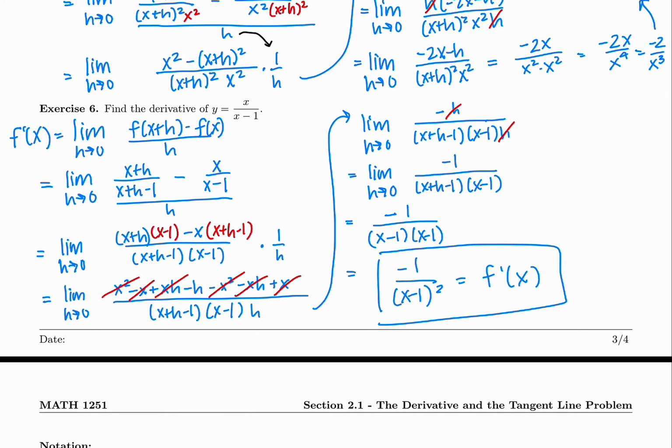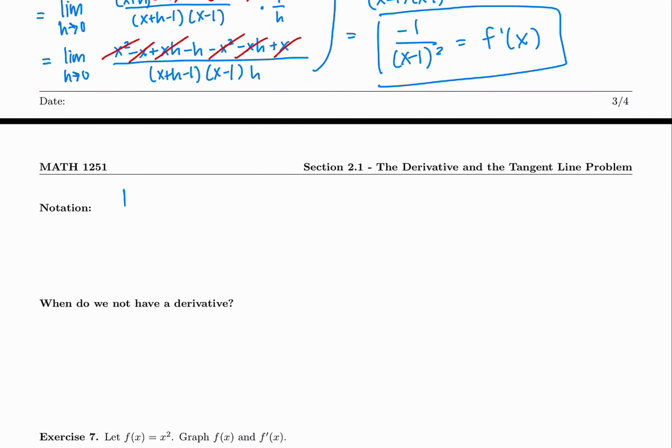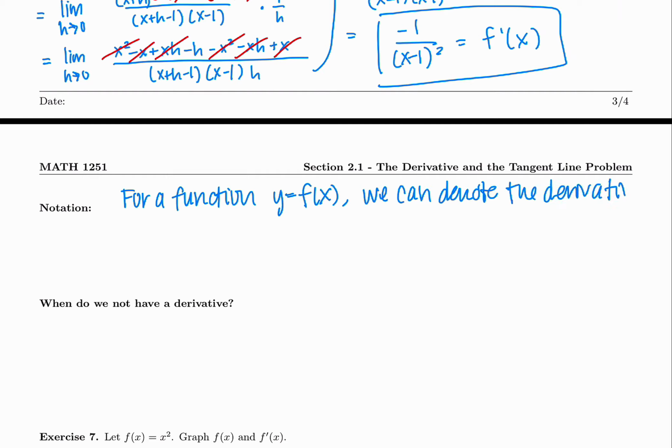So there's a bunch of examples of finding the derivative using the definition of a derivative. Let's talk about just a couple other things real quick. Some notation. For a function y, which is f of x, we can denote the derivative as, well, one of these we've just been using, f prime of x.